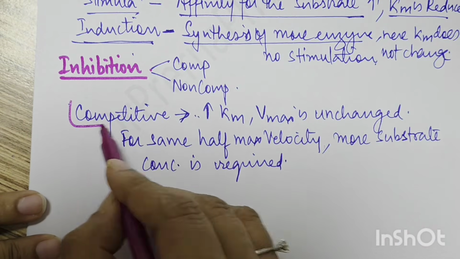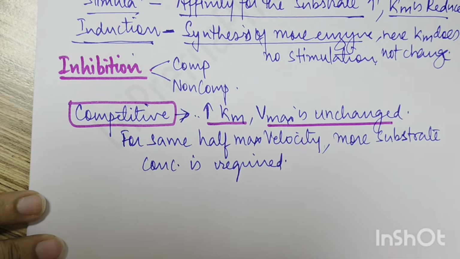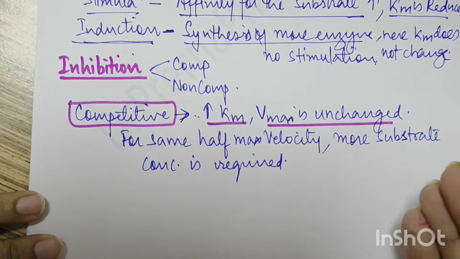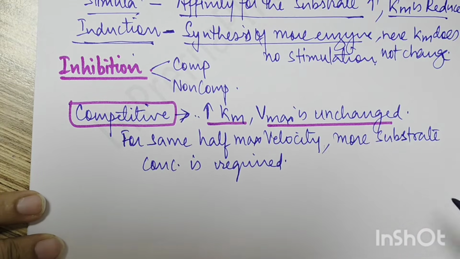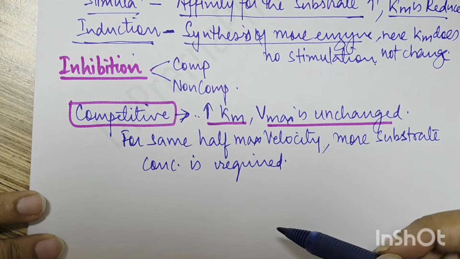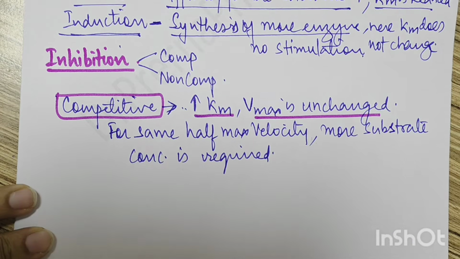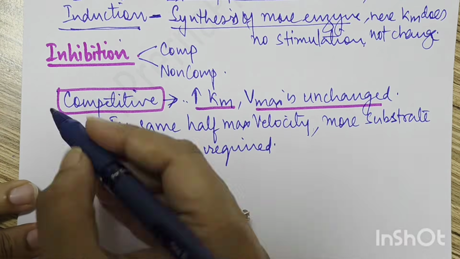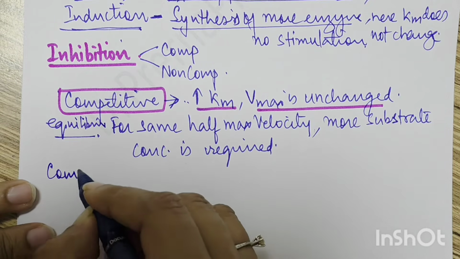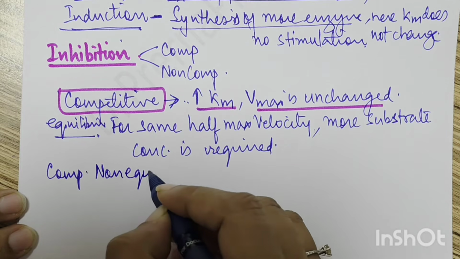Competitive है, so what will happen is when you increase the substrate concentration, it will replace the antagonist, it will remove the antagonist and again attach to the receptor, and that will mean that if you add more substrate concentration, you will be able to achieve the same half maximal velocity, right? Now this is competitive equilibrium type. ठीक है, कॉम्पिटेटिव में भी दो तरीके के होते हैं, इक्विलिब्रियम. अब देखते हैं कॉम्पिटेटिव नॉन इक्विलिब्रियम.